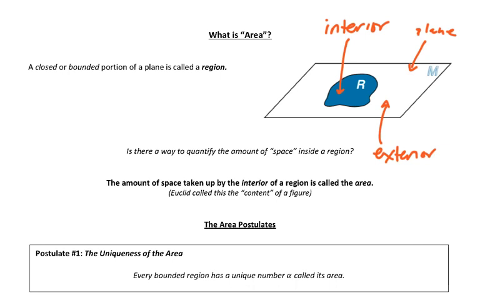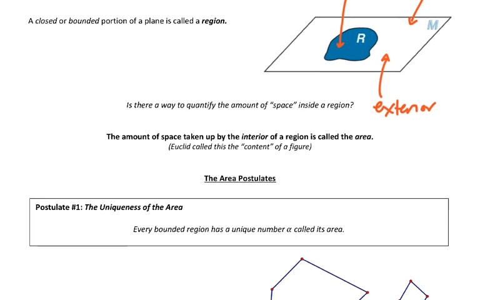It's a way to quantify the amount of space inside a region. That's exactly what an area is: putting a number to the amount of space inside a particular region.